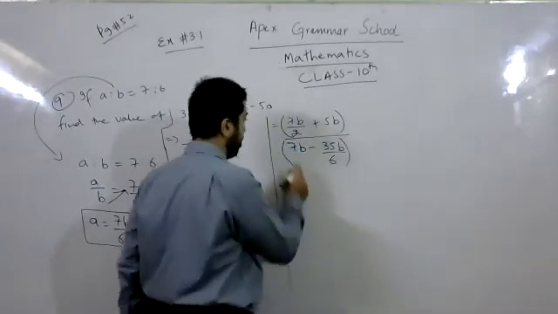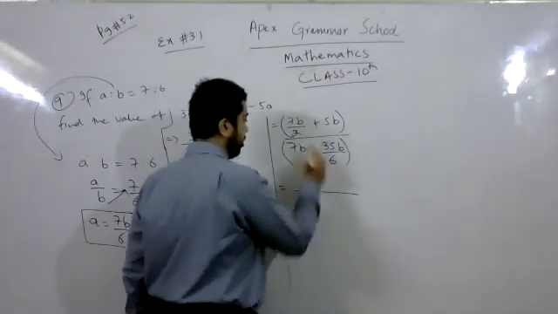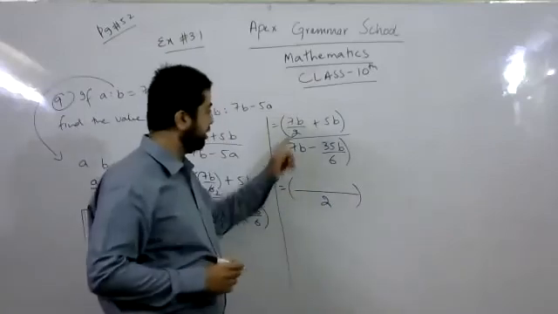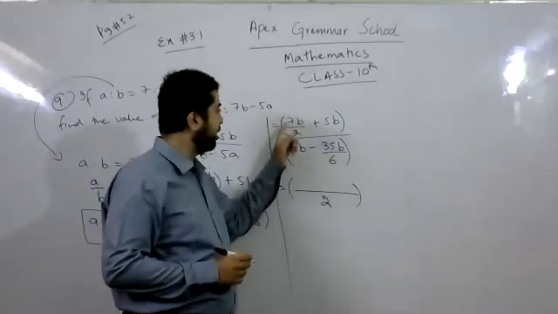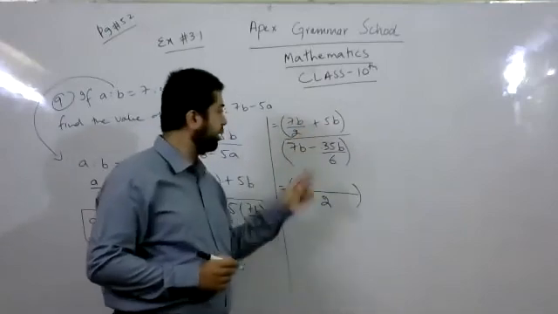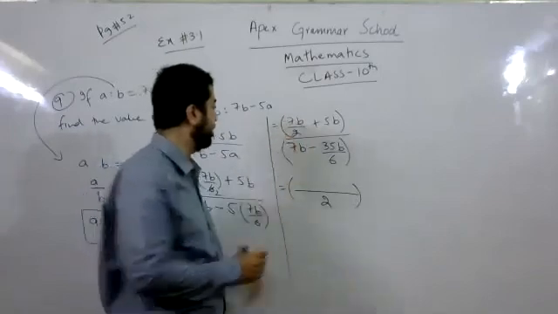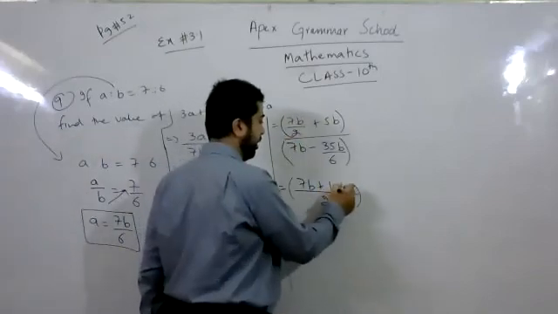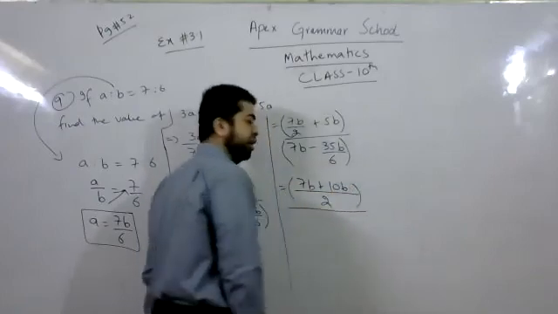For the numerator, the LCM of 7B divided by 2 plus 5B is 2. The 2 will be cancelled here, and after that 7B plus 2 5s are 10, 10B.